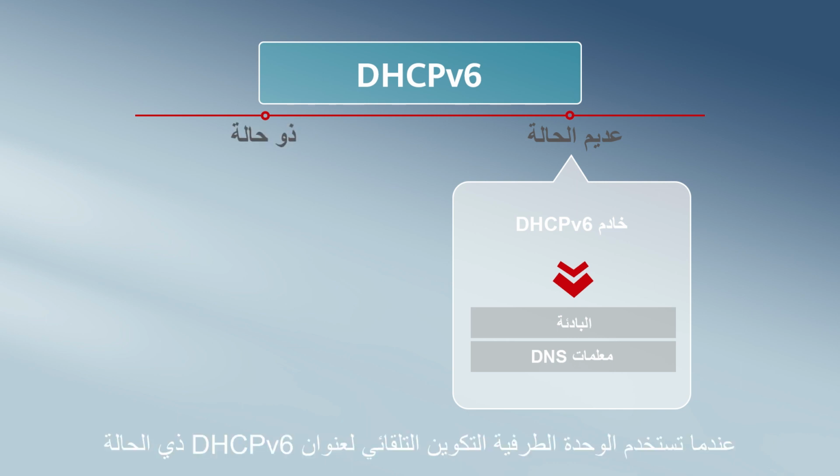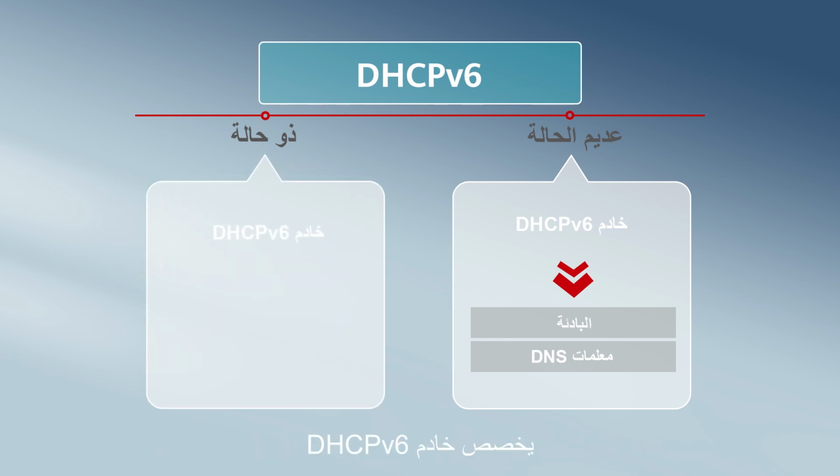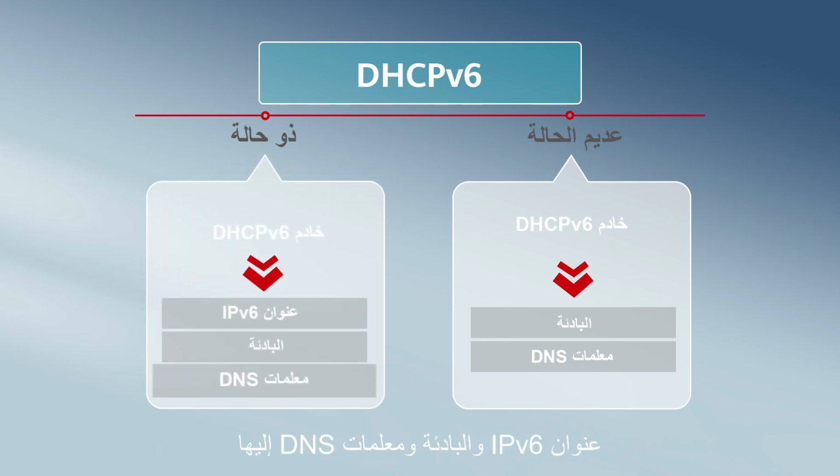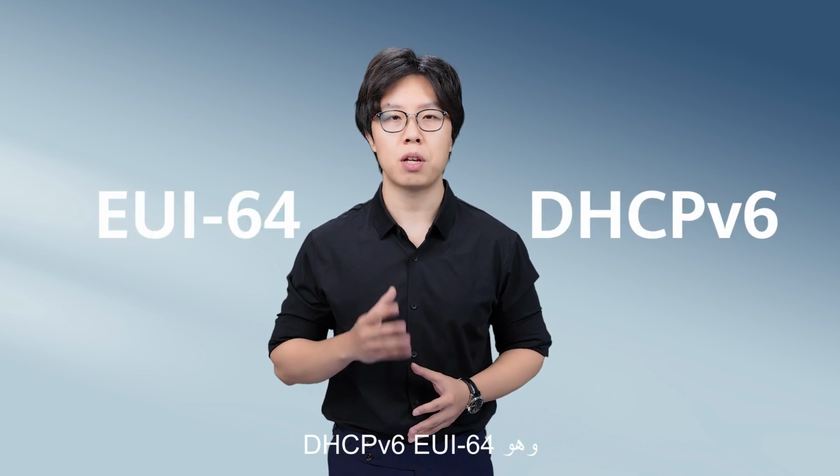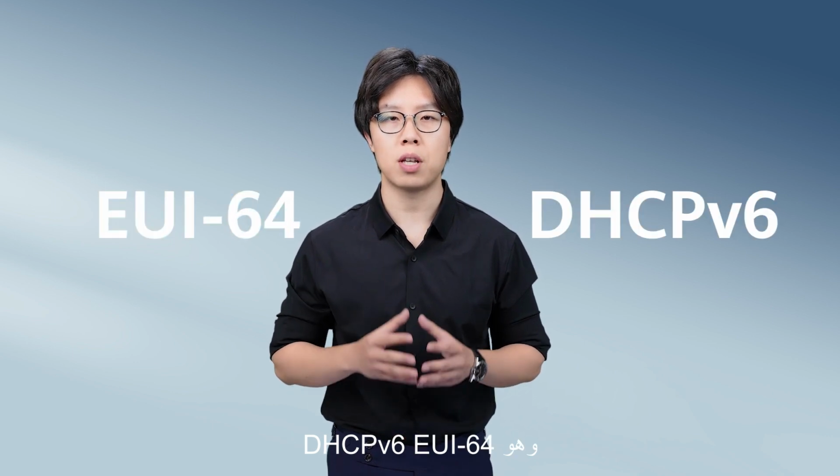When the terminal uses DHCPv6 stateful address auto-configuration, the DHCPv6 server allocates the IPv6 address, prefix, and DNS parameters to it. Here, we introduce one of the modes in DHCPv6 stateful address auto-configuration, which is DHCPv6 EUI64.